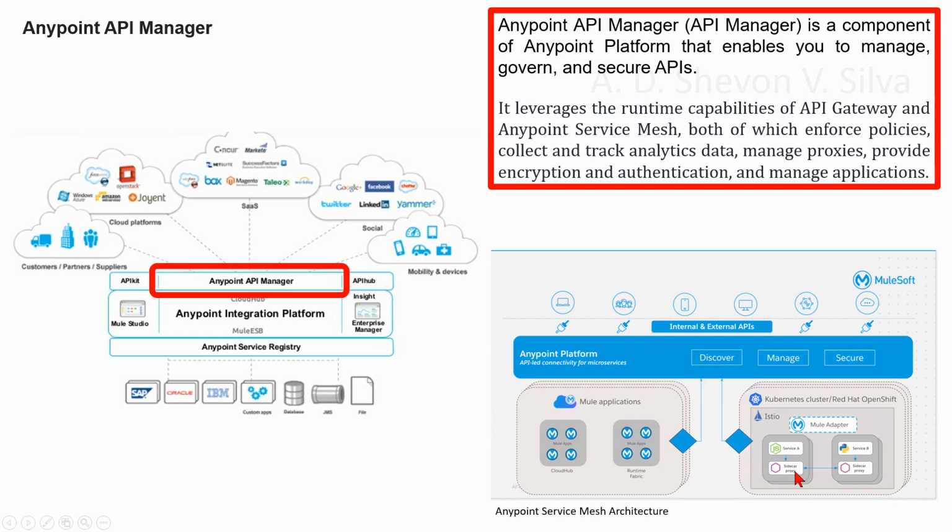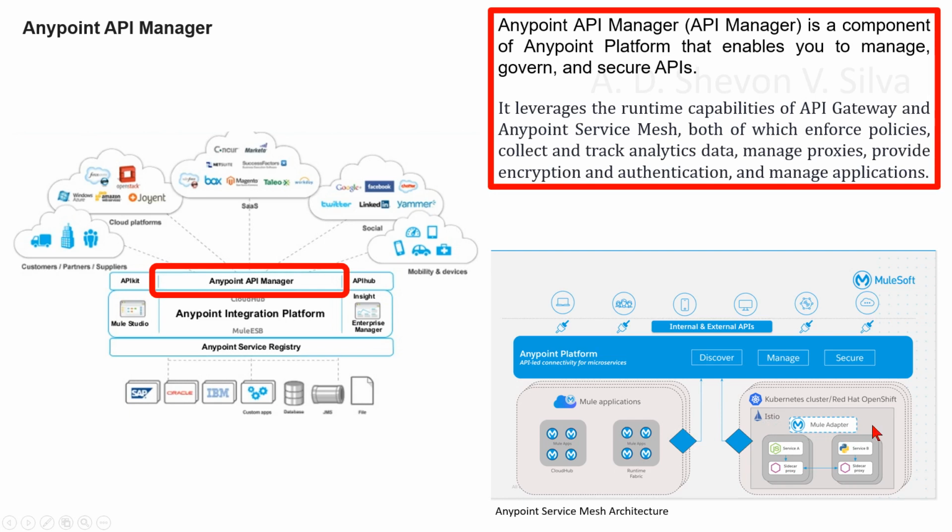The sidecar is responsible for any communication with your service and resides within the same container as that service. With Anypoint Service Mesh enabled, you can continue to use Istio's native policies for traffic control and security.